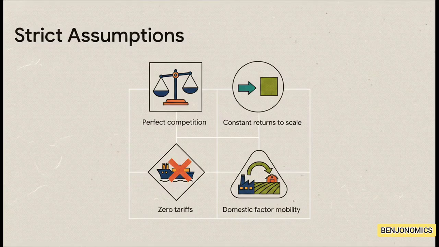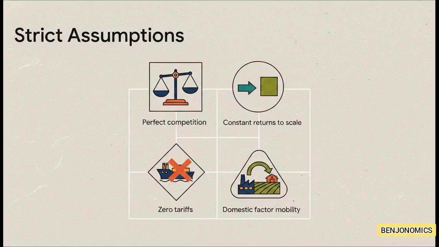We assume perfect competition in both product and labor markets. We assume constant returns to scale, meaning if you double the inputs, you get exactly double the output. We assume absolutely zero transport costs and zero tariffs. Zero. We also assume factors are perfectly mobile within a country, moving seamlessly from the food sector to the cloth sector while maintaining full employment.